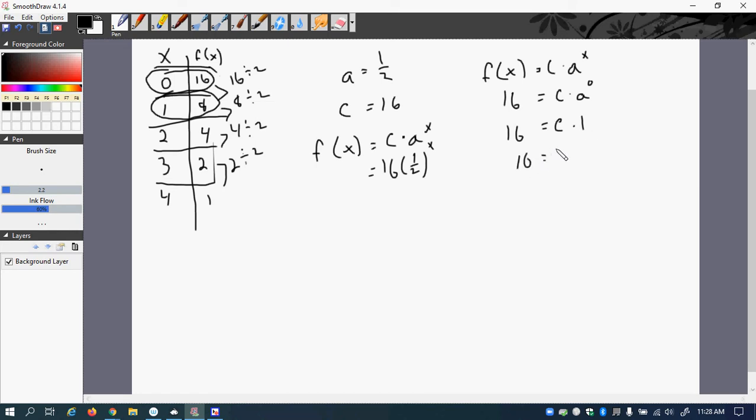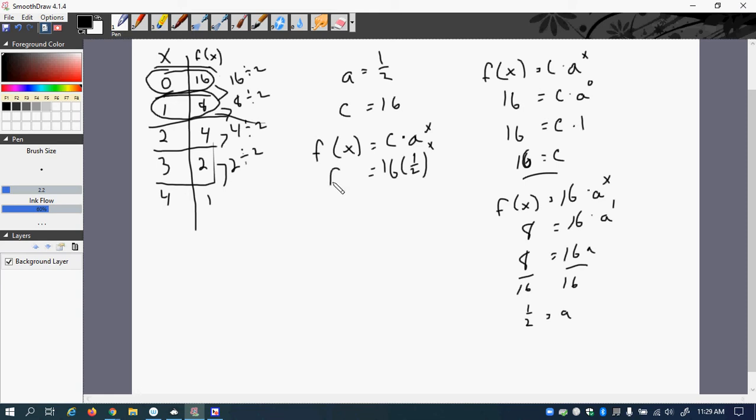So then I know that c is 16. Now that I know that, I can put that into my equation. And so now I can pick another point, the 1 comma 8. So 8 here, 16 here, and then 1 here. And a to the 1 is just a. So now I divide by 16. I get a half. And so now I know my equation just like I have over here.